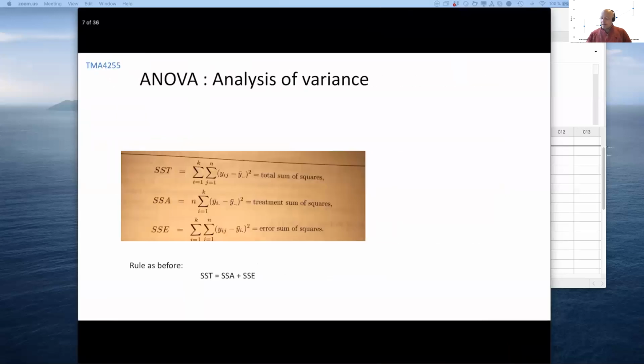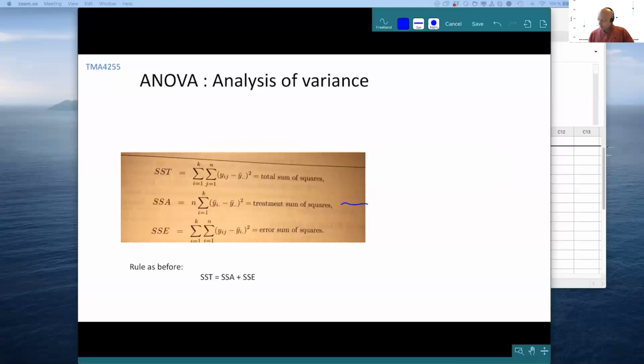So analysis of variance is trying to break down the total sum of squares into components: the between group variability, called SSA, the treatment sum of squares. So what is the effect of these groups or the different treatments i? Is it giving a big difference between the means?